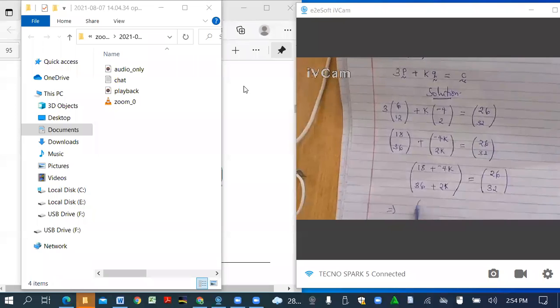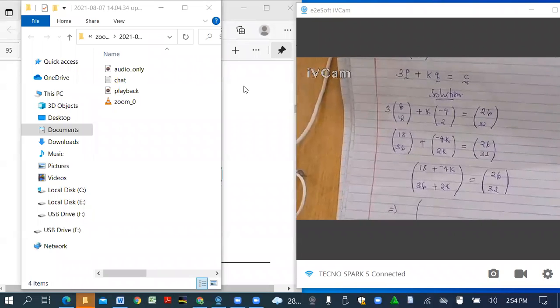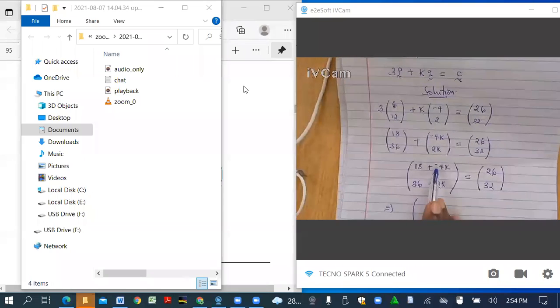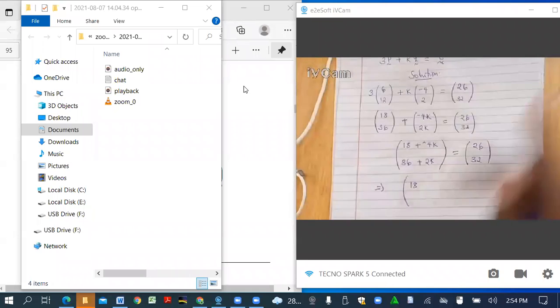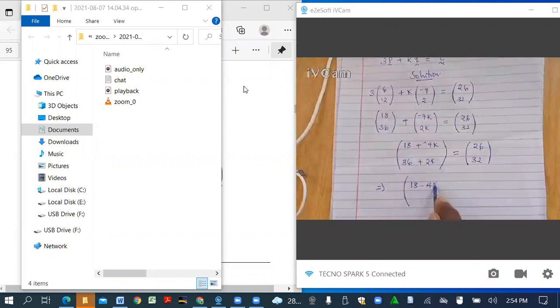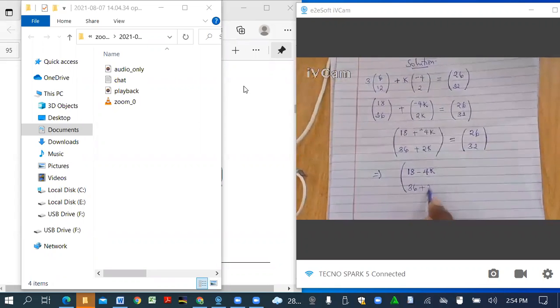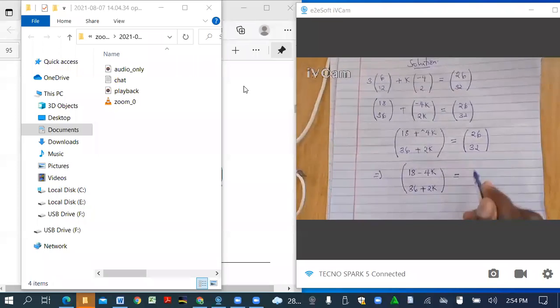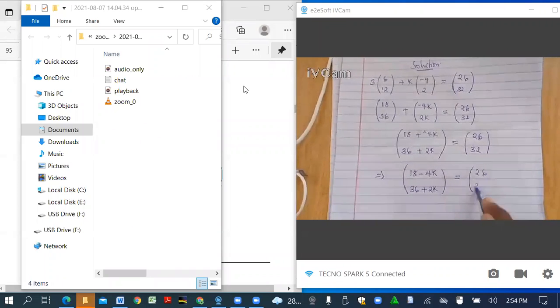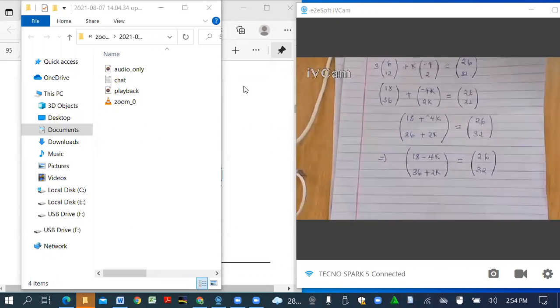So when we simplify that further, 18, negative and positive will give us negative. So it will be 18 minus 4K, then 36 plus 2K. Everything is equal to 26 and 32.